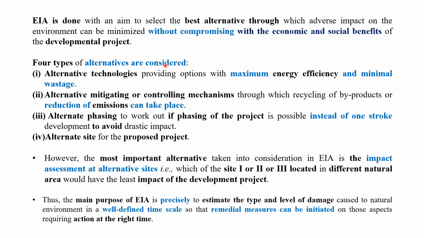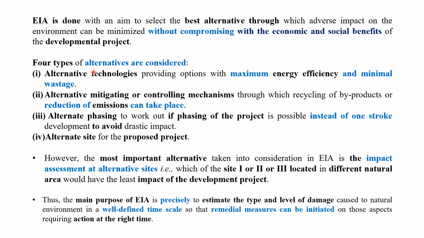So now we can see, while carrying out the EIA, what we have to think. EIA is done with an aim to select the best alternative through which adverse impact on the environment can be minimized without compromising the economic and social benefits of the development projects.